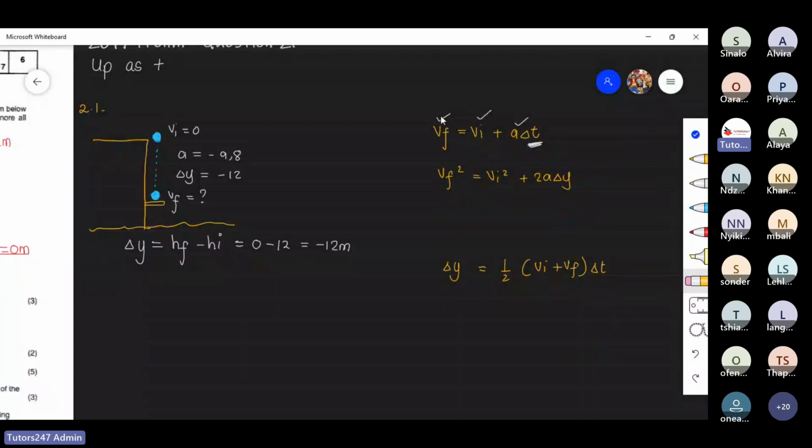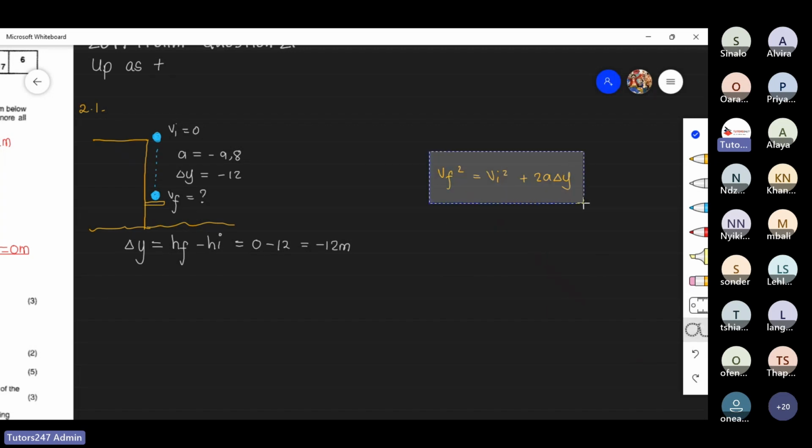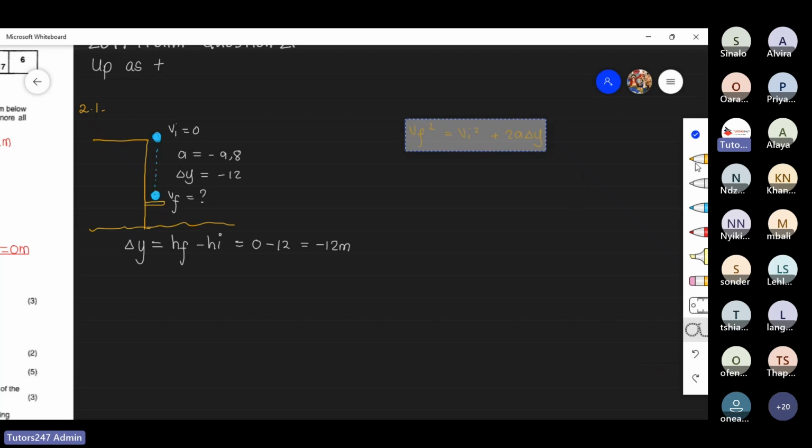That means formula 1, which has time in it, and formula 4, which has time in it. So the only formula that we can now use is formula 2. Let us make use of formula 2 in order to find the final velocity, or the velocity with which the object hits the balcony.